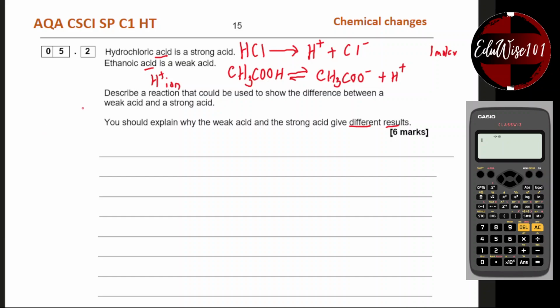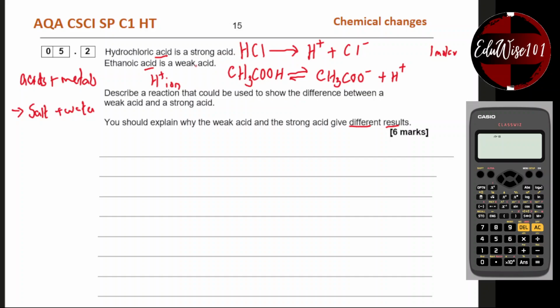So remember, all acids react with metals. So acids plus metals would give salt plus water.